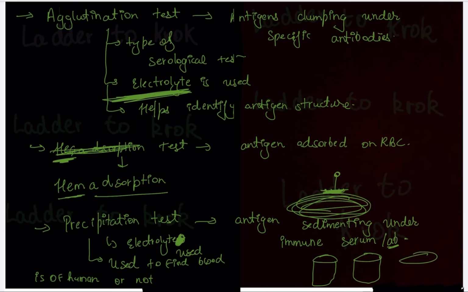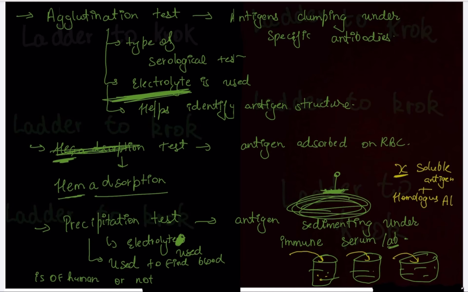Suppose we have homologous antibodies in these test tubes, and we do not know what the antigen is, but we know what type of antibodies we have. So we put this soluble antigen in these test tubes, and then in which test tube there will be a reaction, X soluble, X means we don't know, so X soluble antigen plus homologous antibody, and in whichever test tube they react they will form precipitate.